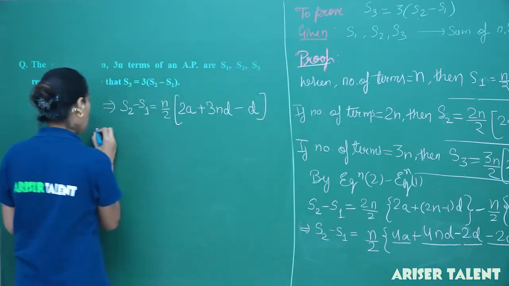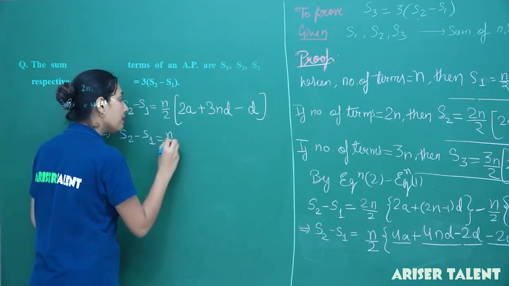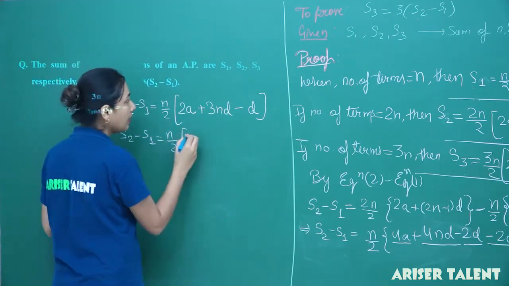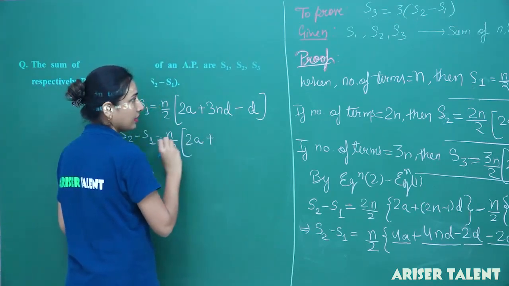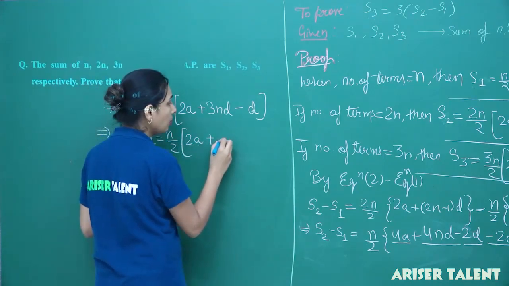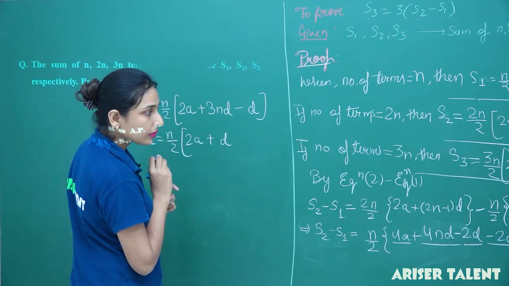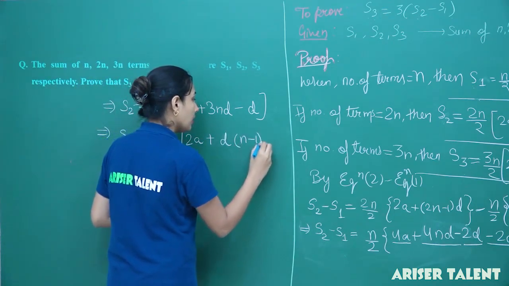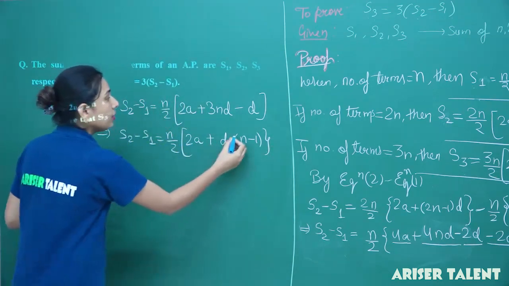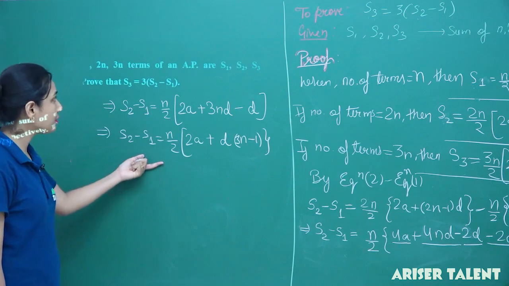Now this becomes S2 minus S1 equals n by 2 times (2a plus d common, remaining with 3n minus 1). So this will be the expression.